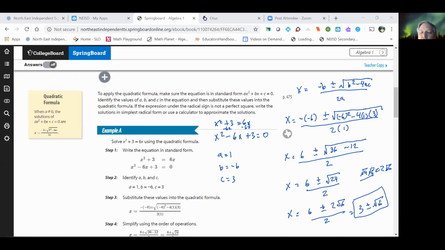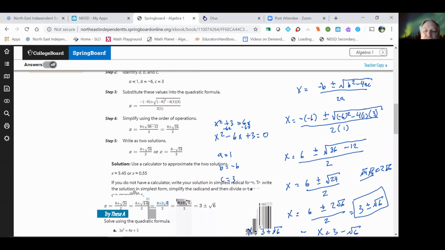But remember, what we're putting in the calculator is x is equal to 3 plus the square root of 6, or x is equal to 3 minus the square root of 6. So it's very important we understand that's what we're actually putting in here.